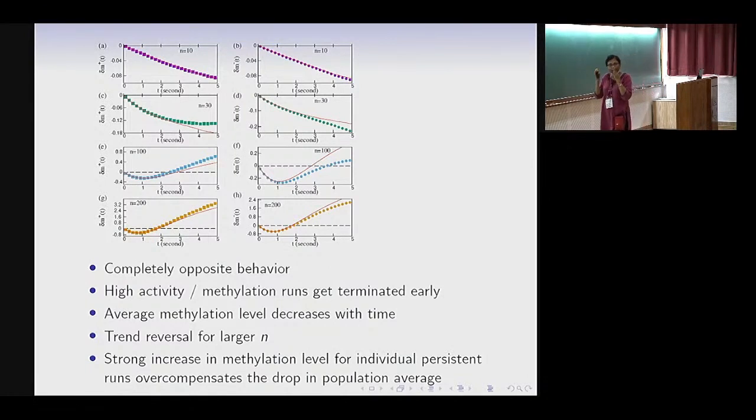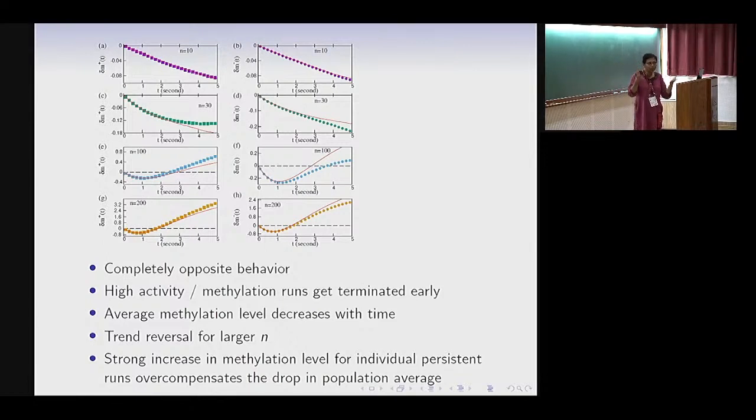And that is particularly those runs which have high activity or high methylation level. You can compare it to some social situation where you have a group of people, and suppose everybody is saving money, but the richest people in the population keep dying at a given rate.